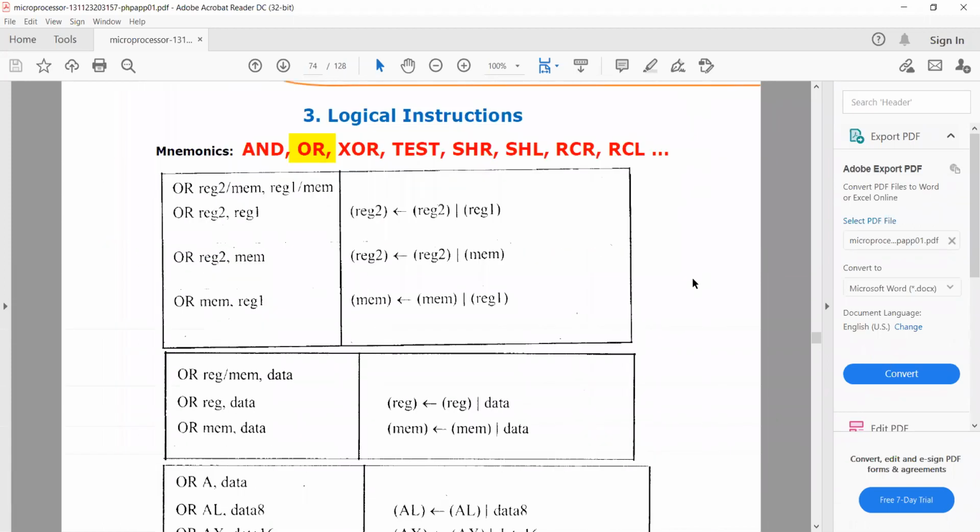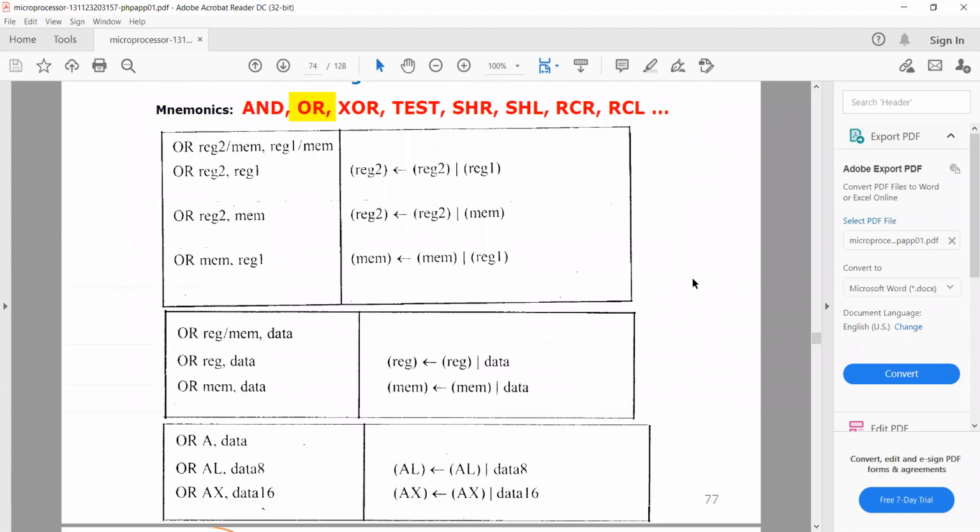Next is the OR instruction. What does this OR instruction perform? You know the truth table of the OR logical operation. If any of the input is 1, then the output will be 1.